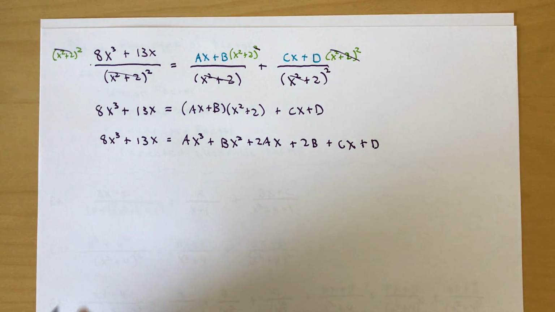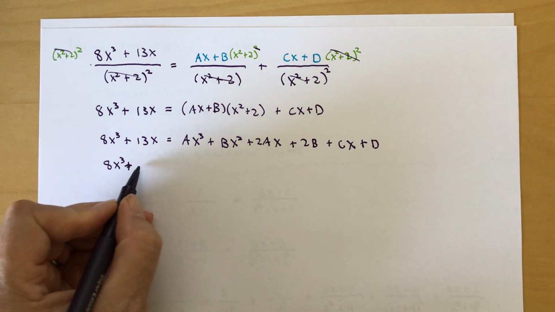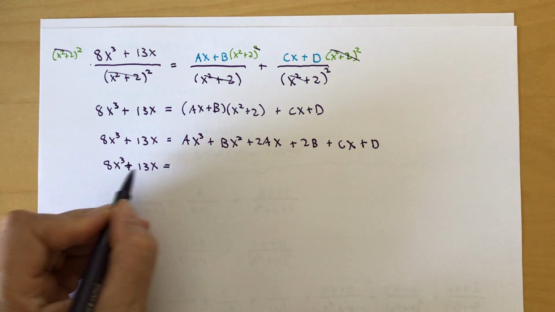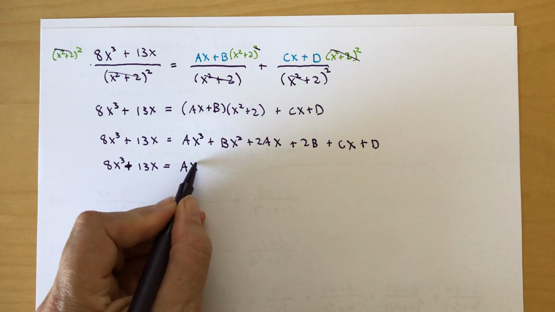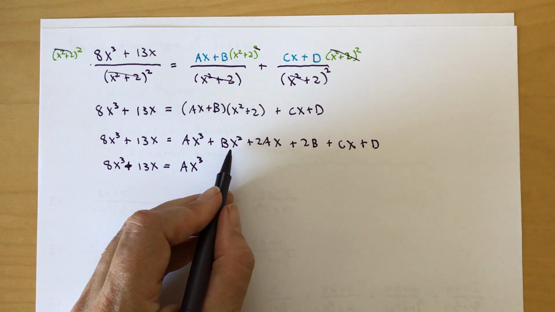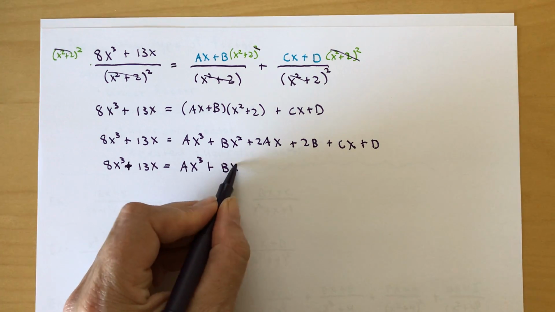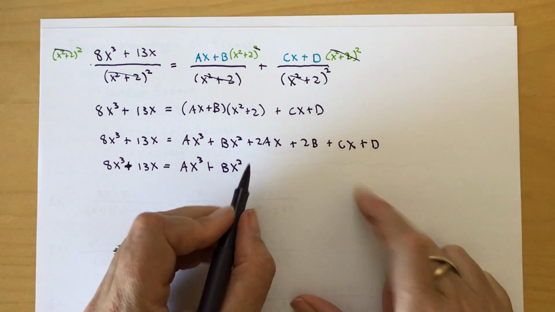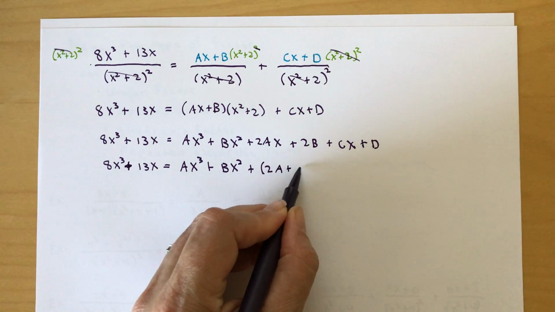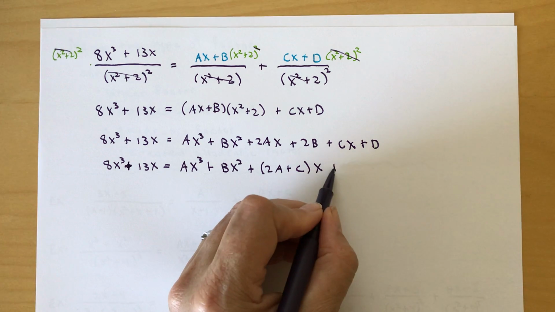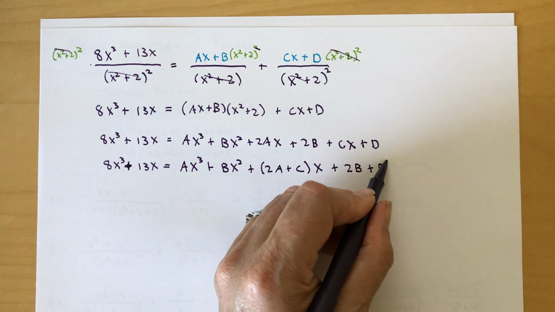All right, and then I'm going to do what's called equating coefficients, but I need to clean this up. There's only one term that has an x cubed in it, and only one term that has an x squared in it. This is pretty friendly, but there's two terms with an x in it, so I'm going to factor the x out, and then there's two terms that make up the constant.